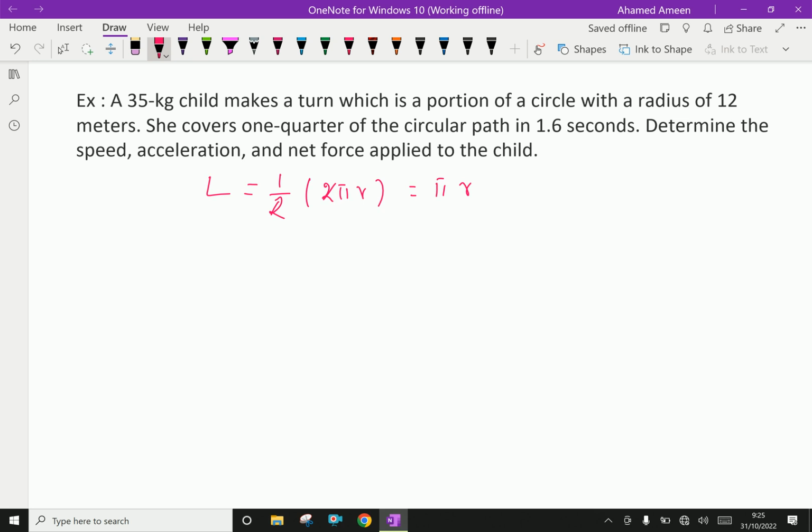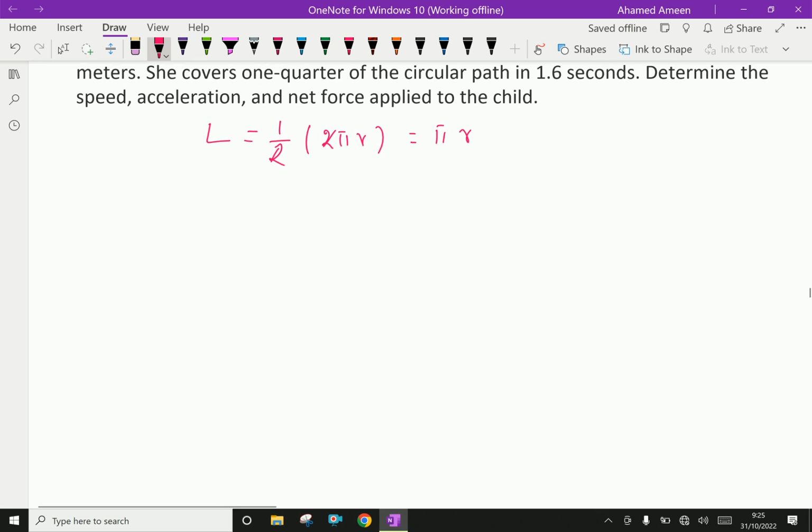Now speed, linear speed, is V equals length by time. Length is pi r, time is 1.6, which equals 3.142 into radius.